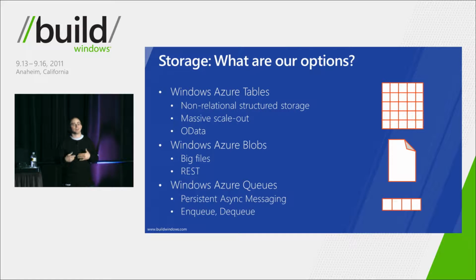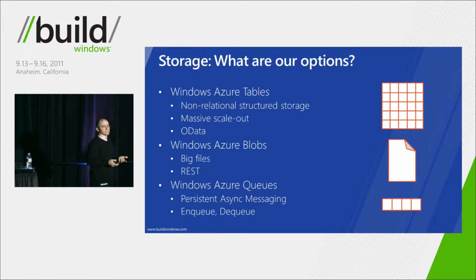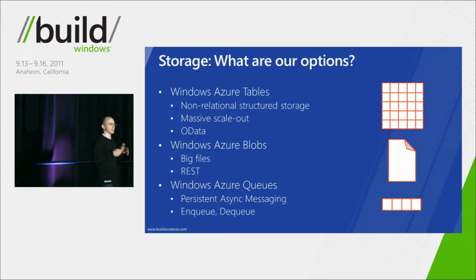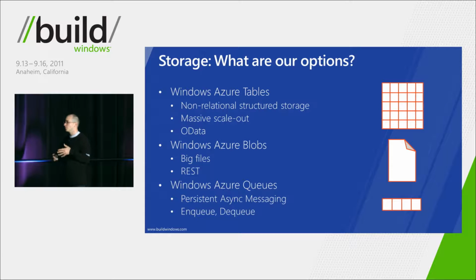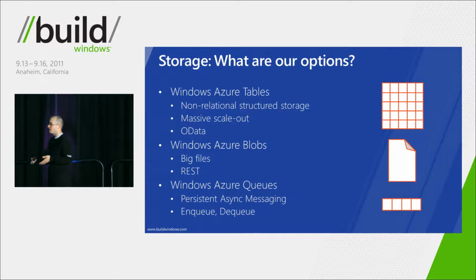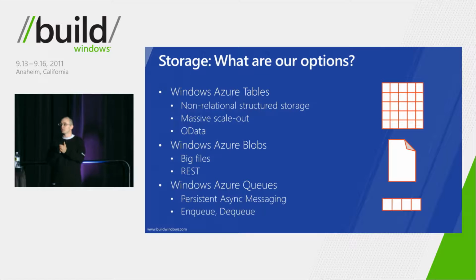And it's designed to massively scale. And that's one of the reasons why it's not a relational data store. It's a schemaless store where you can store that data. And the way in which you construct it is you define a partition key, and Windows Azure Storage is able to scale it based on that partition key. So it's a great place for putting lots and lots of data that you want to use within your application.